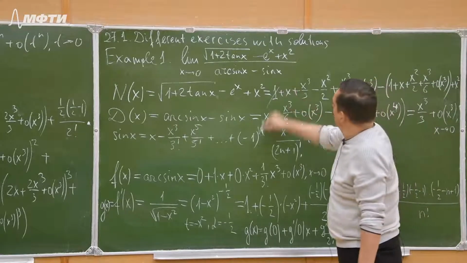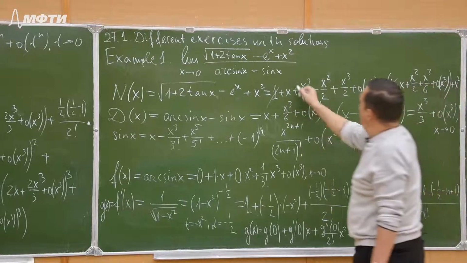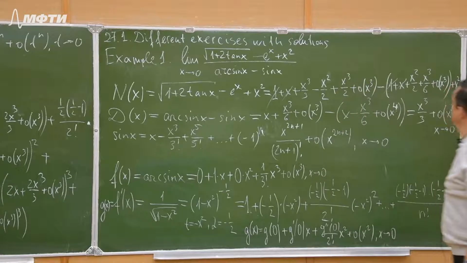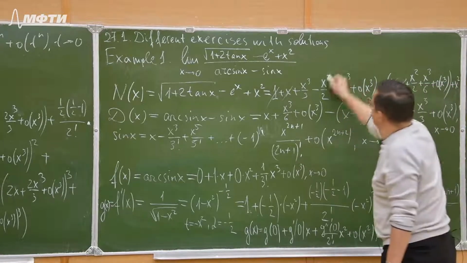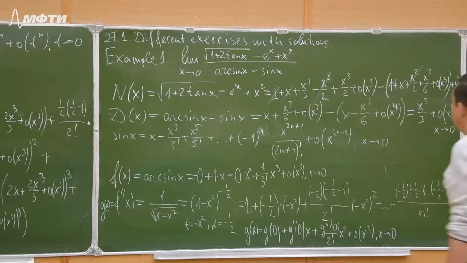So altogether, what remains then? Look, 1 is cancelled, x is cancelled, x squared over 2 is cancelled. So it means, as it should be, only cubes remain.